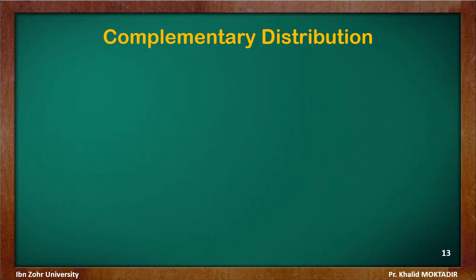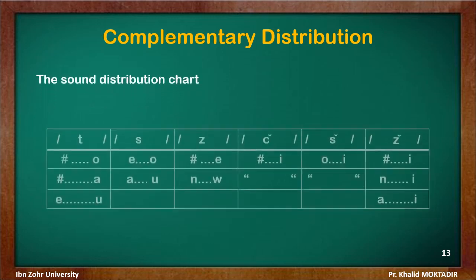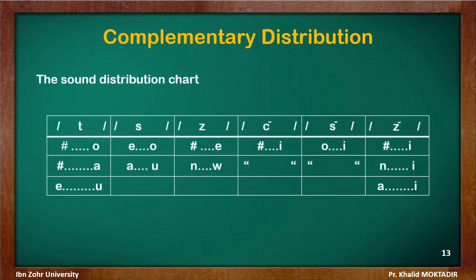Well, to make your task of specifying the different contexts easier, it is advisable to have a way of indicating each context. A chart like the following would help you determine the different occurrences for the different sounds. Now notice the variety of contexts where we find the first members of each pair.